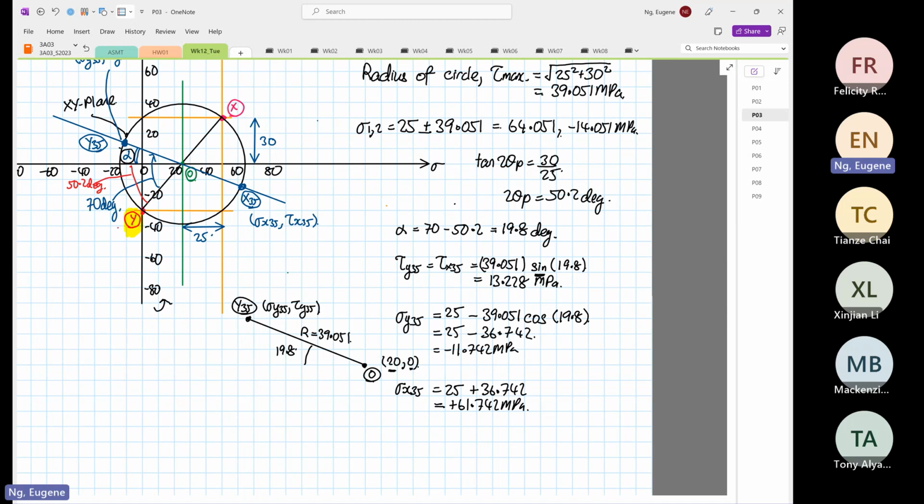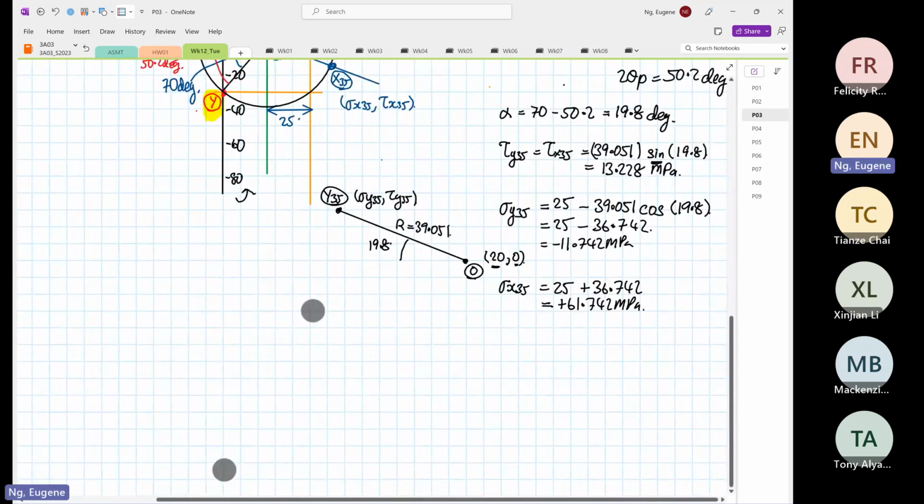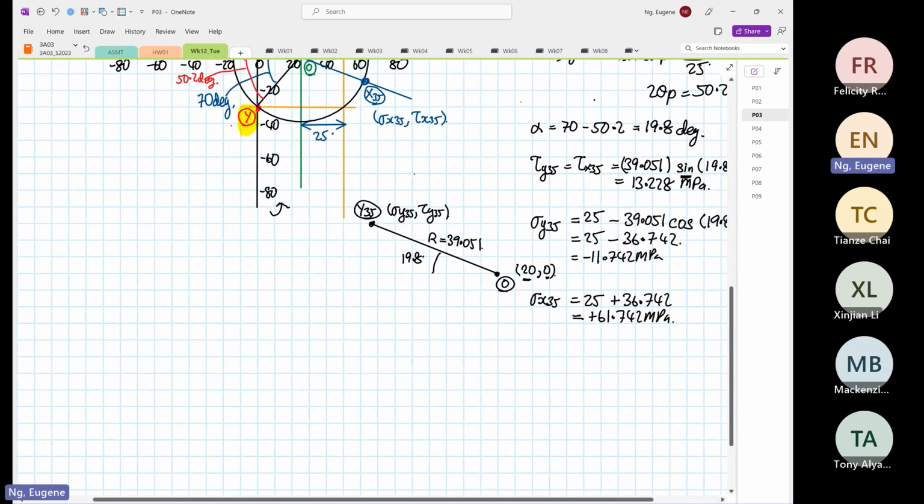Next is to put it back into the element. Now drawing everything back to the element is more difficult than the one before, because now you have shear. The one that we did earlier has no shear at all. So now we have to consider shear, and we're going to construct the element. So we do the original first.